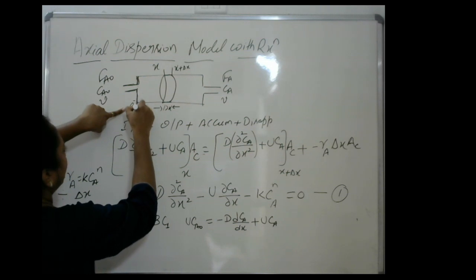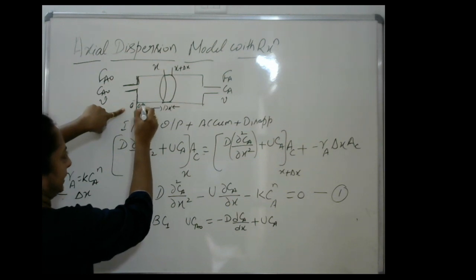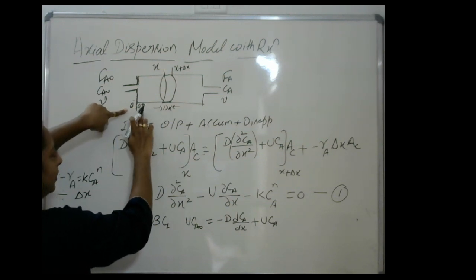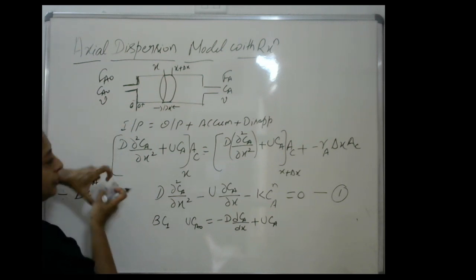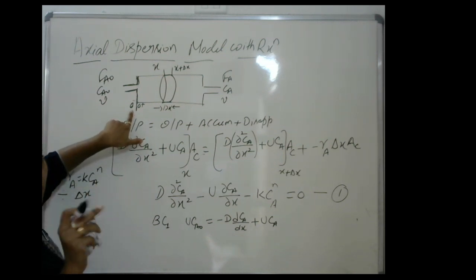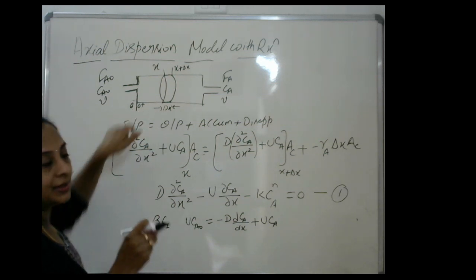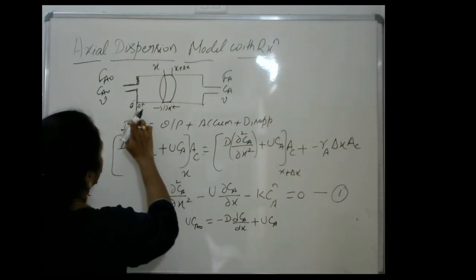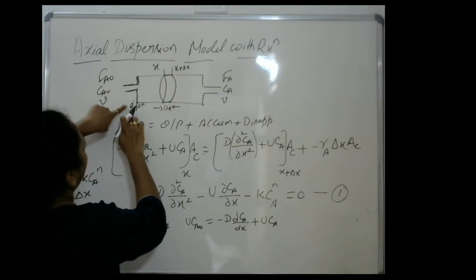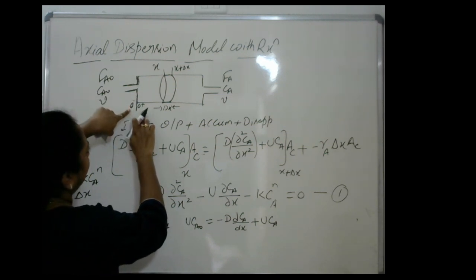At this condition, I'll call the inlet 0 minus, immediately at the inlet. What will be the concentration here? Hope you can observe, 0 minus is before it enters, and 0 plus is as soon as it enters. So u Ca0 will be equal to minus D dCa/dx plus u Ca.